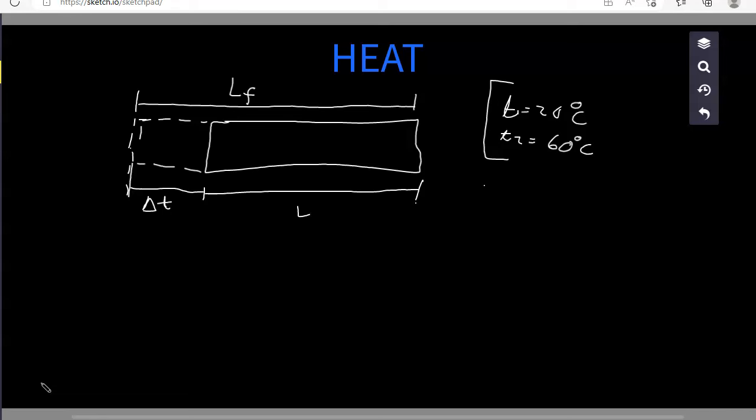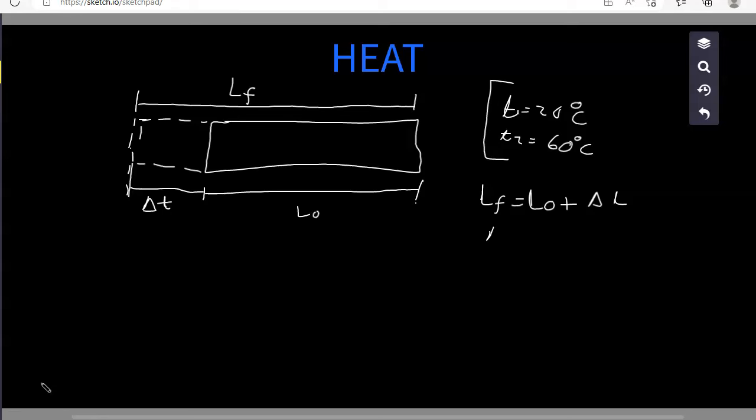And if we want to calculate the final length, we need the original length plus the change in length, which is delta L.